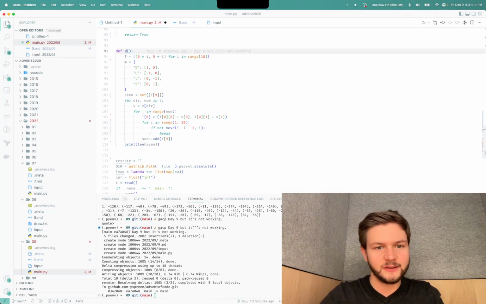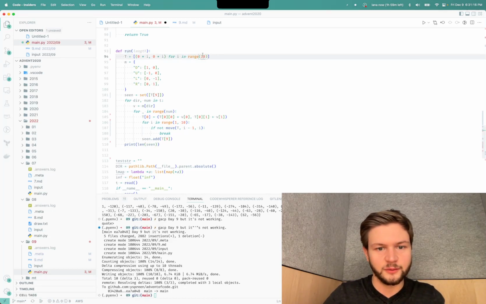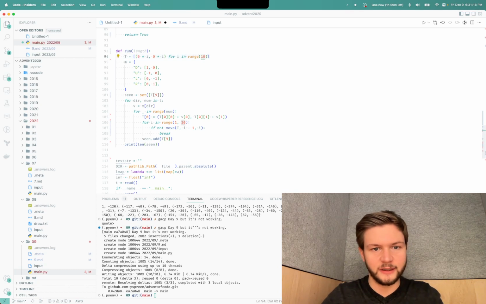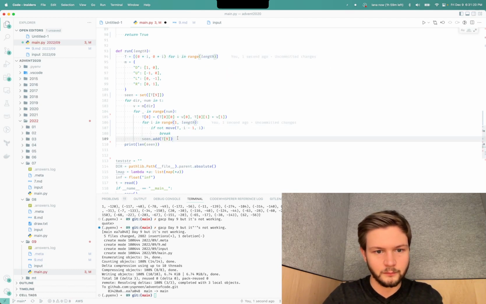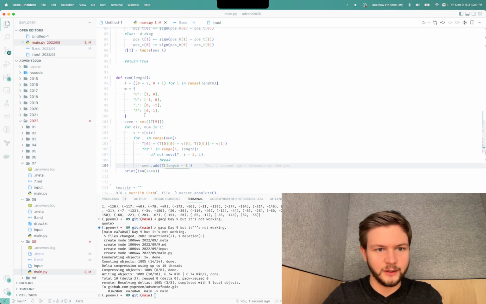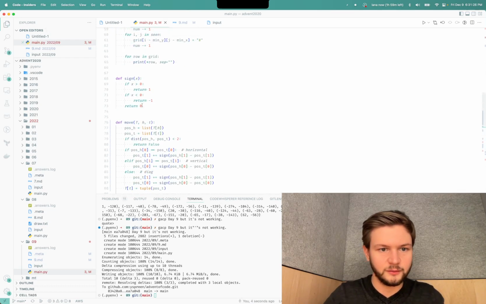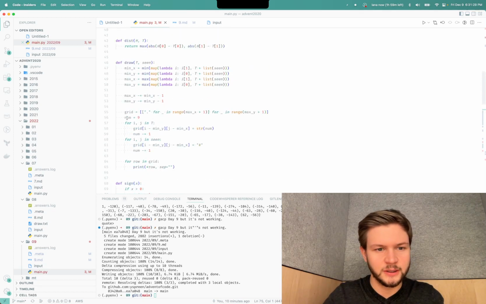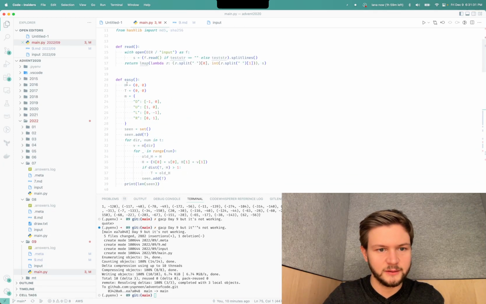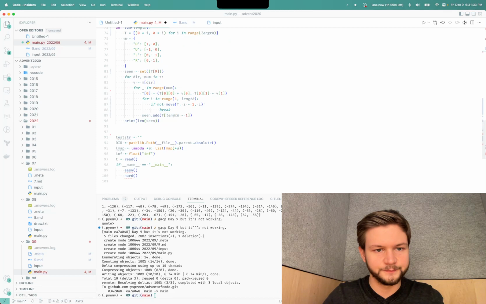Yeah, so let's call this run for length, which we substitute here for everything. And then we can do run 2. Where's easy? There's easy. And do run 2.